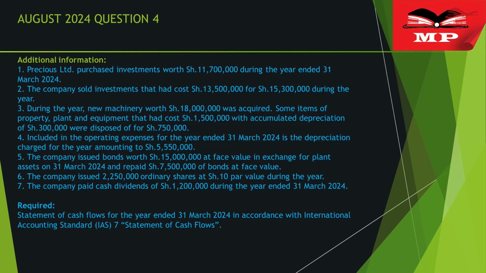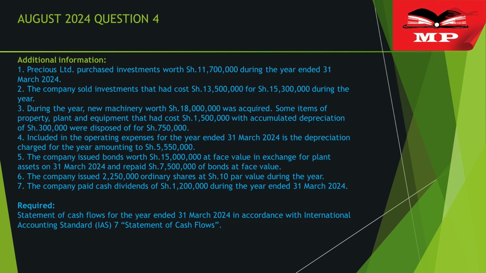Number 1, Precious Limited purchased investments worth 11.7 million during the year ended 31st March 2024. You see that, purchased investments. Number 2, the company sold investments that had cost 13.5 million for 15.3 million during the year.